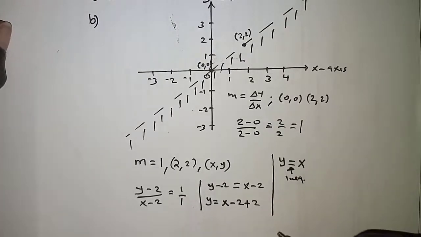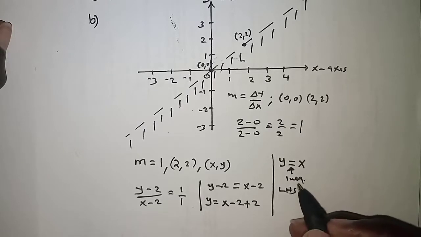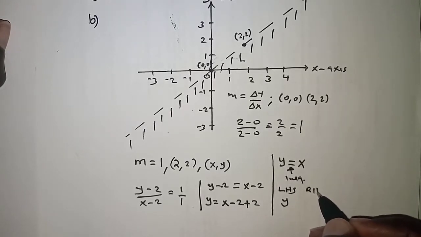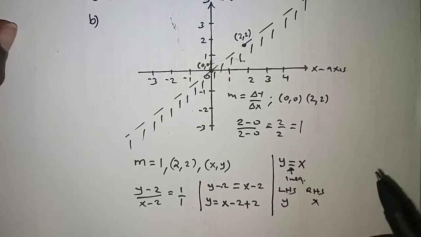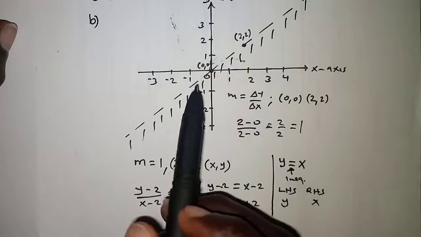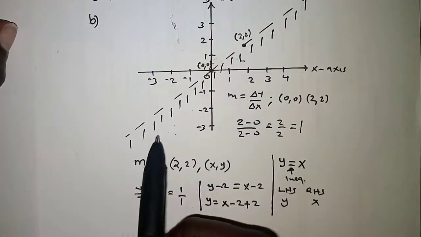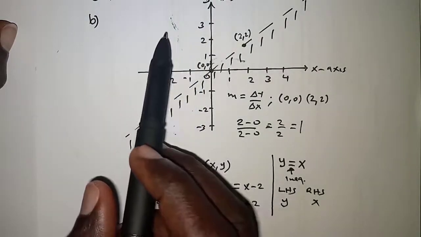On the left hand side, we have got y, and on the right hand side, we have got x. We can pick a point from the wanted region. Remember, shaded side is always the unwanted side. So we pick a point from the wanted region.